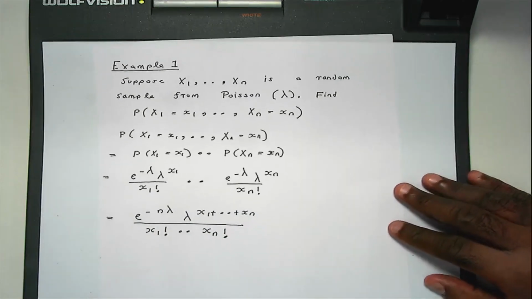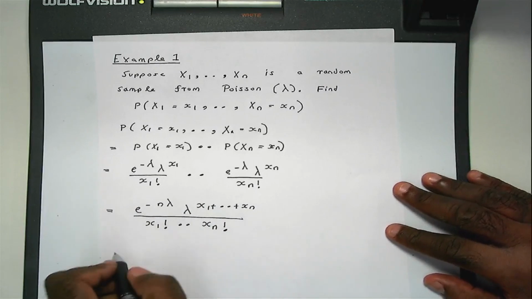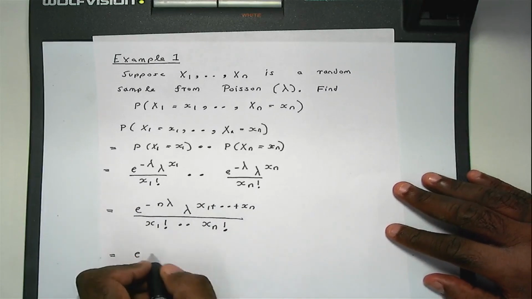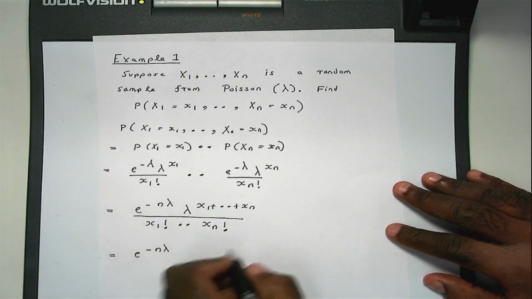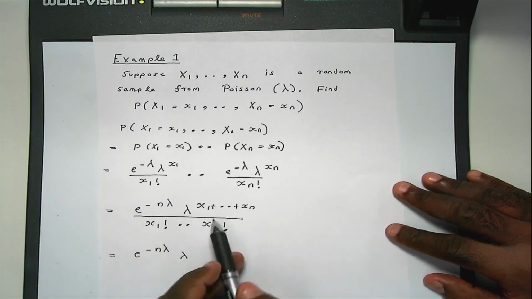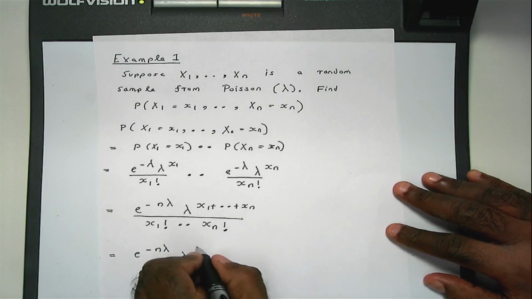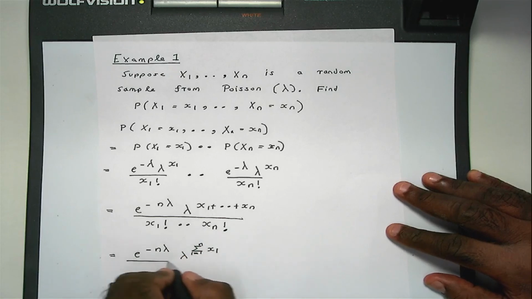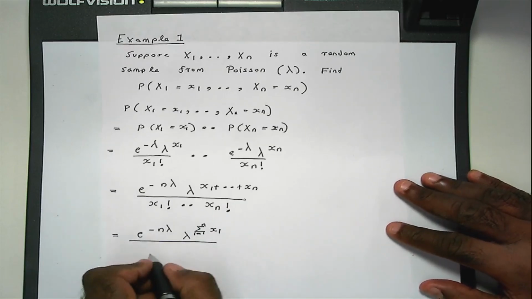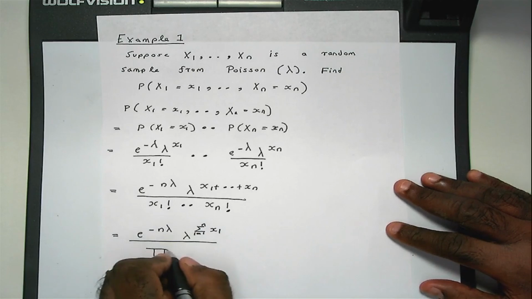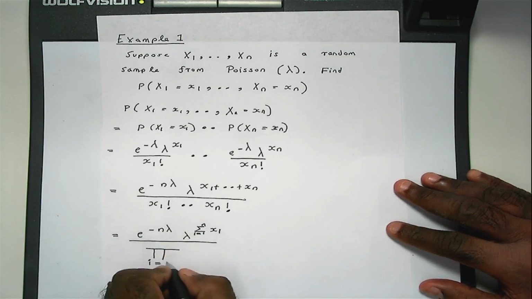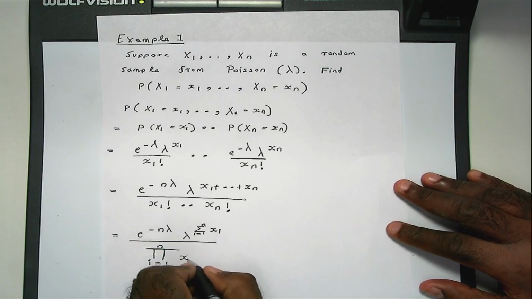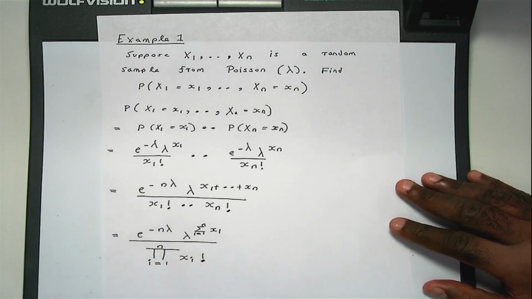You can simplify this further, and in place of the exponent you can just have the sum, and in place of the denominator you can have the product. All right. So this is the answer to example 1.